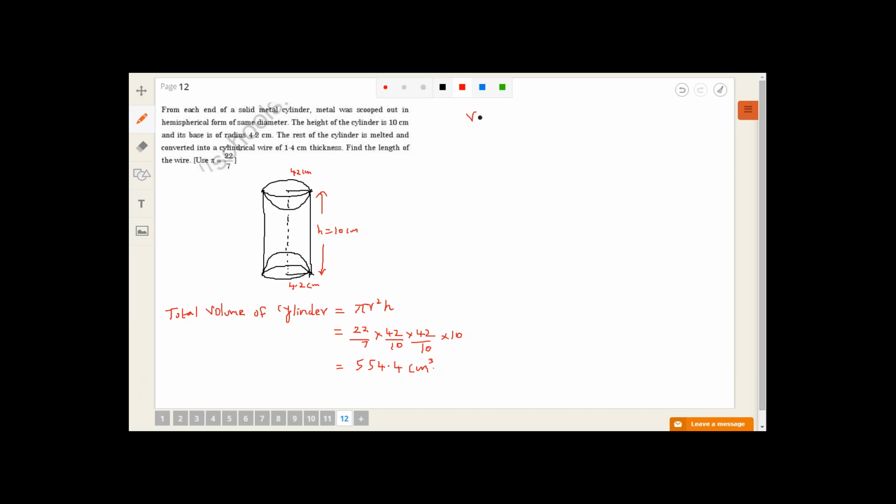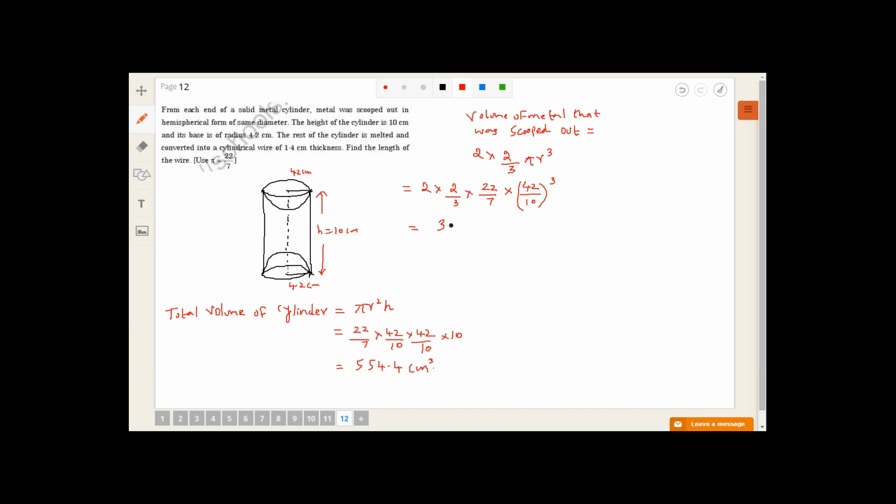Now we need to calculate the volume of the metal that is scooped out. That is equal to 2 times the volume of the hemisphere. Volume of the hemisphere is nothing but 2 by 3 pi r cube. So that will be equal to 2 into 2 by 3 into pi 22 by 7 into 42 by 10 the whole cube.